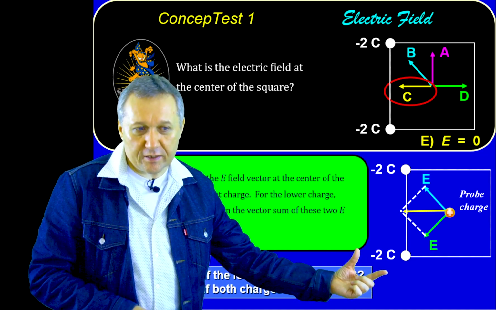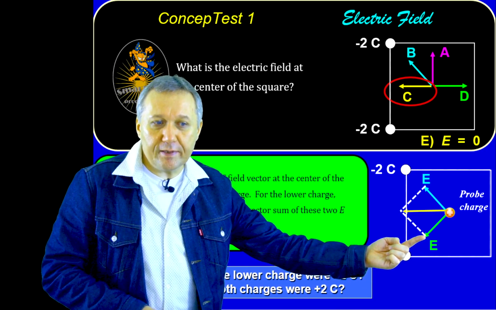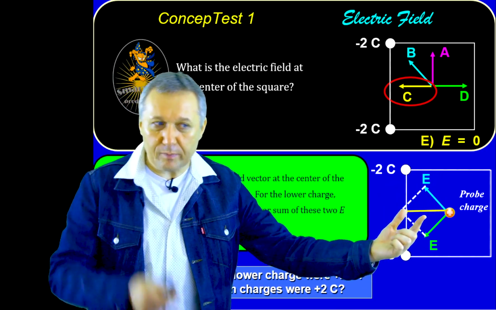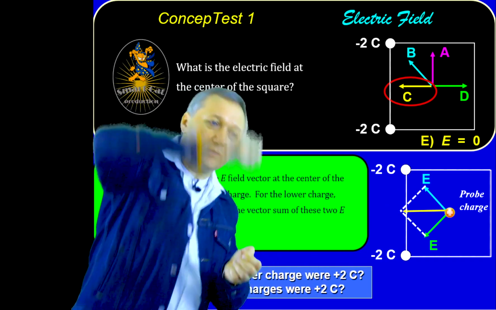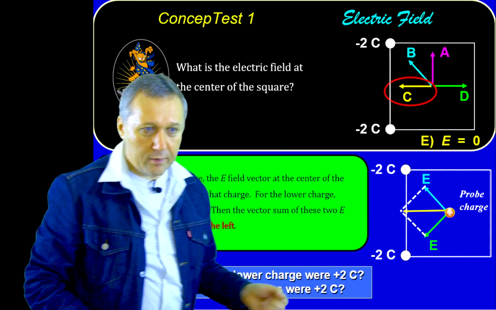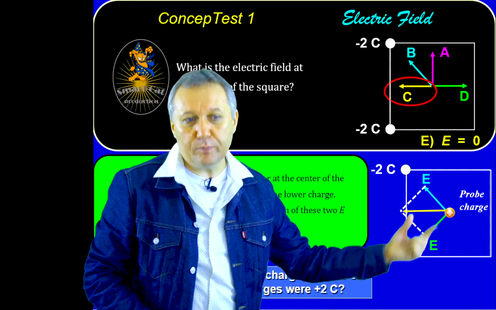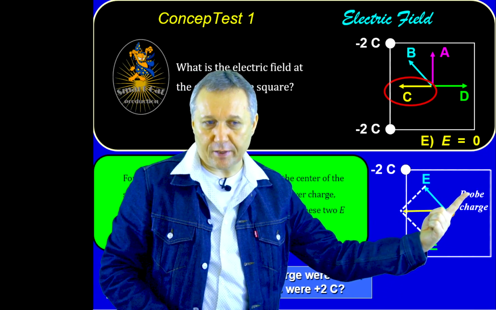But if you replace this charge with plus 2 coulombs, of course, this green electric field will be flipped with the opposite one, because you remember again, electric field lines of the positive charge start on the positive charge and then go away. So it means that this greenish electric field will be flipped and it will point this way in the opposite direction.